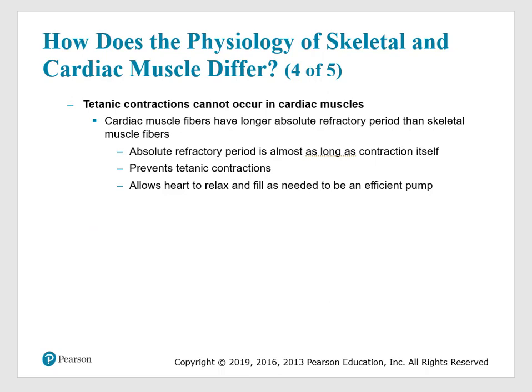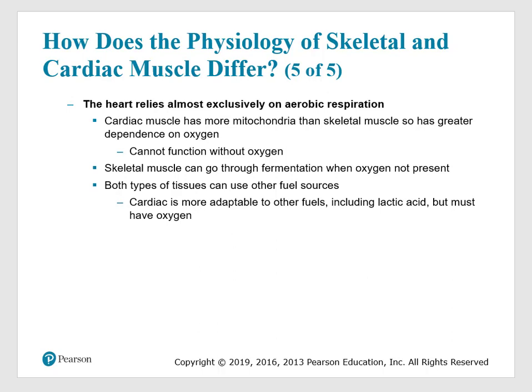That's also a main difference. Tetanic contraction is not possible in the heart muscles compared to the skeletal muscles. We'll talk about it in the physiology in more detail. Heart muscles solely rely on aerobic respiration, unlike skeletal muscles where you do have anaerobic respiration for ATP source.